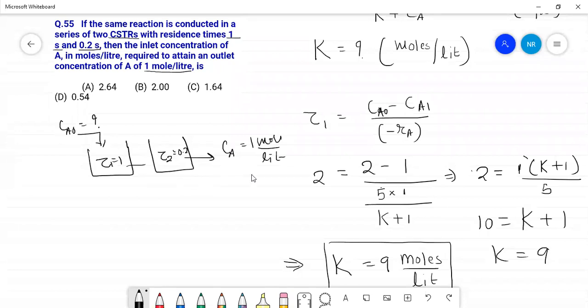So let's find the Ca0, the initial concentration required to attain the outlet concentration, the inlet concentration of A in moles per liter. We'll use the same equation, and we also have the rate equation values. So just put the things in the equation, and then we can easily find it.